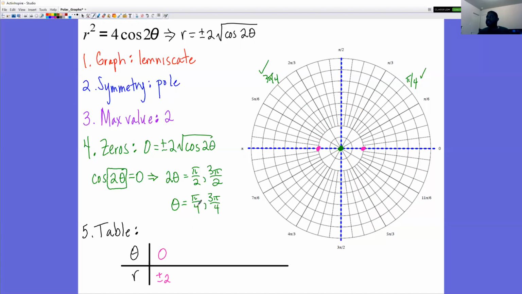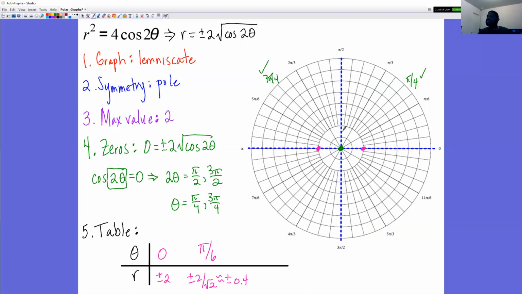Then pi over 6 you can use next. You'll definitely need a calculator for this computation. When you plug pi over 6 in here, you're not going to get a nice number. You're going to get 2 over square root of 2. But if you put that in the calculator, you get plus or minus 0.4.